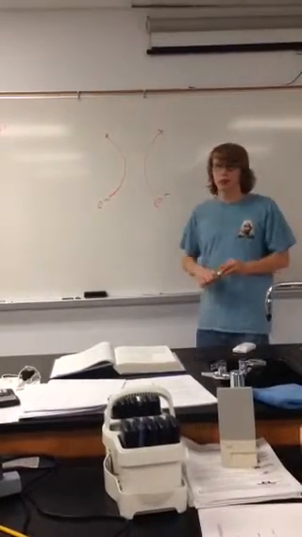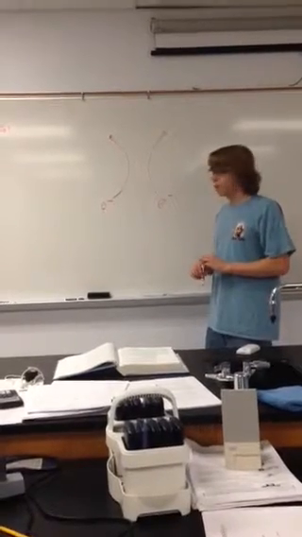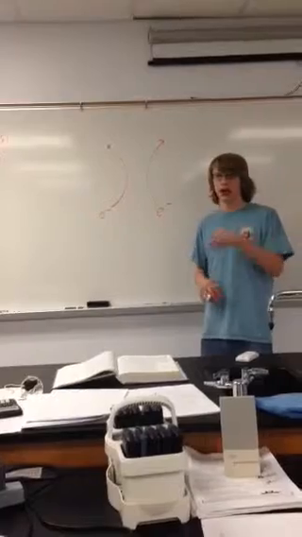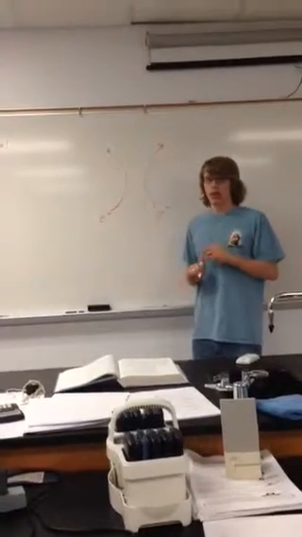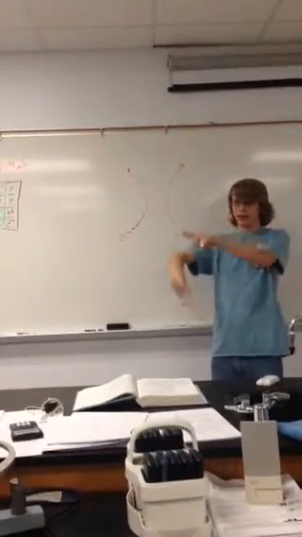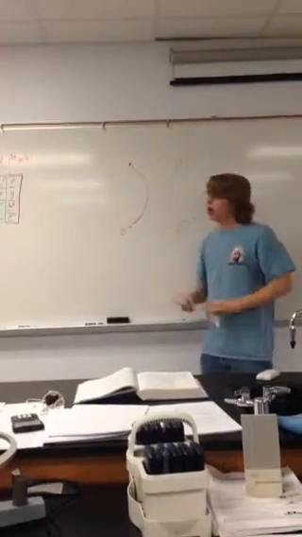And what actually happens is, with Maxwell's equations, he realized that, and later Einstein proved this, that light propagates as an interacting electric and magnetic field. They kind of alternate.